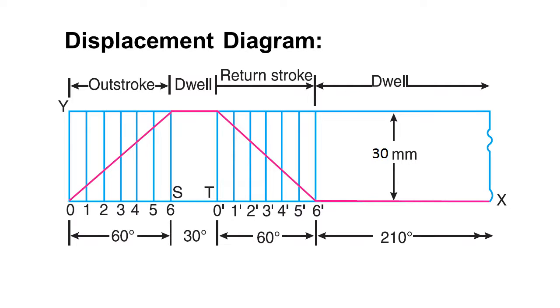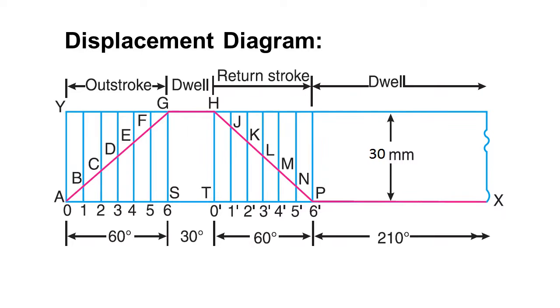So this is a displacement diagram. Drawing the displacement curve of the follower for uniform velocity is very simple. You just join these corners of the rectangle and you will get the displacement diagram.